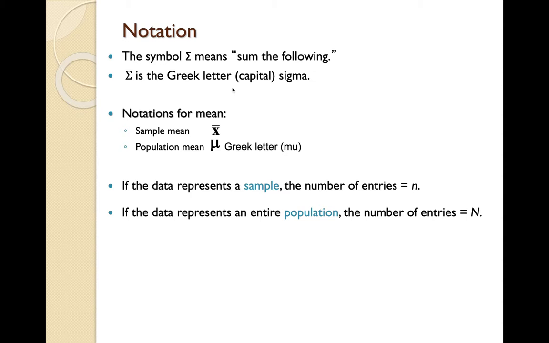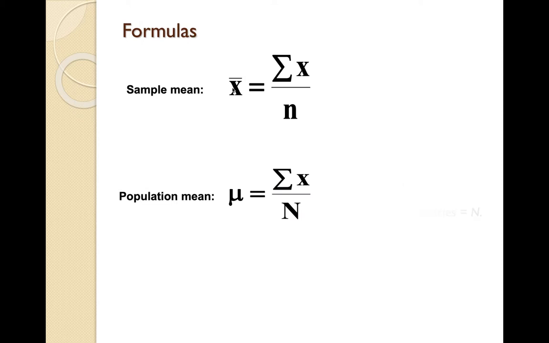So not moo like a cow, mu. If the data represents a sample, then we use lowercase n to represent the number of values in our sample. If it's the whole population, then we use capital N.